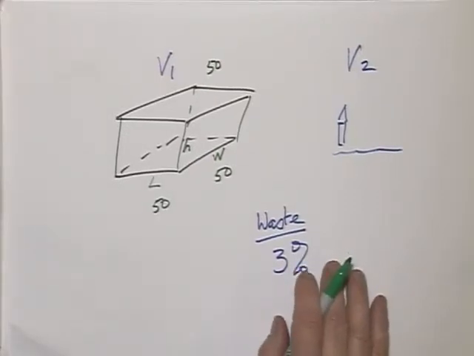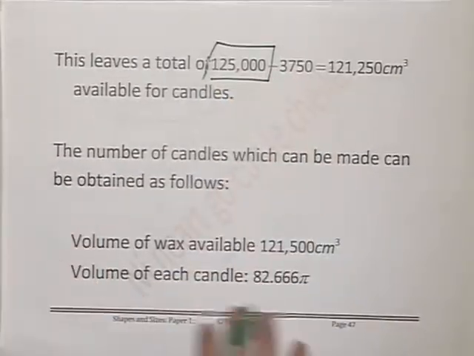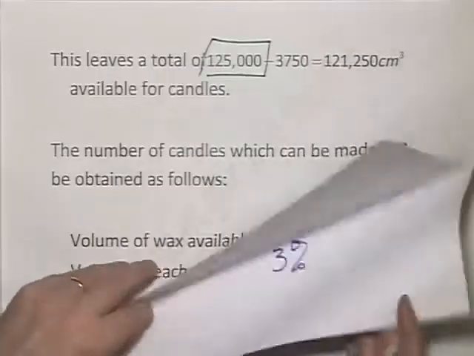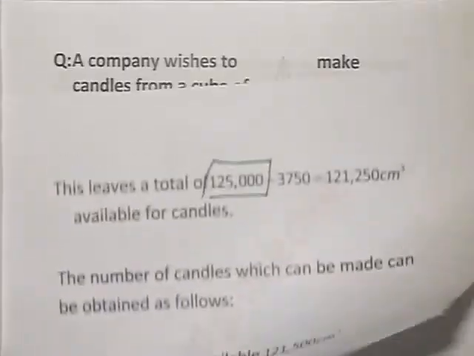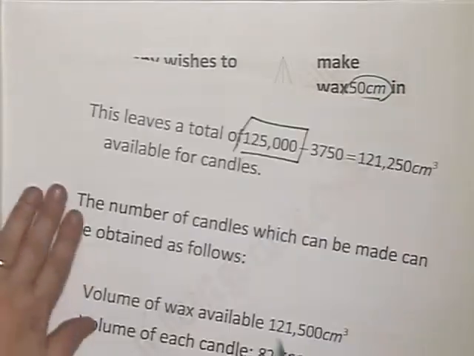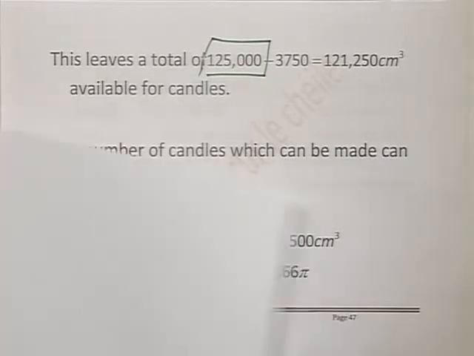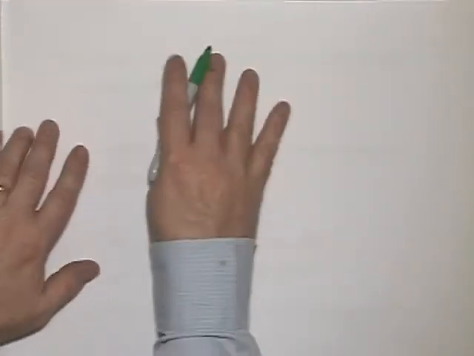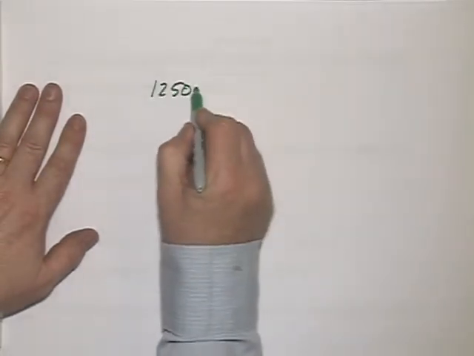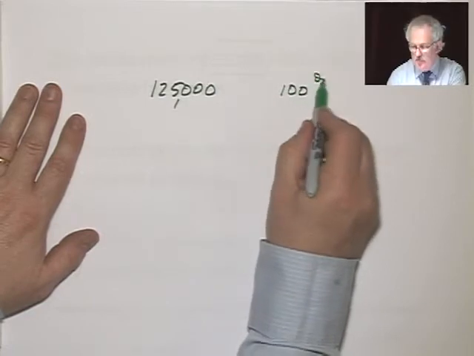So the whole volume we have is 125,000. Well, what are we going to do with that? We have the cube. We were told that was 50. But was there wastage? Yeah? So we can say 125,000 was 100%.